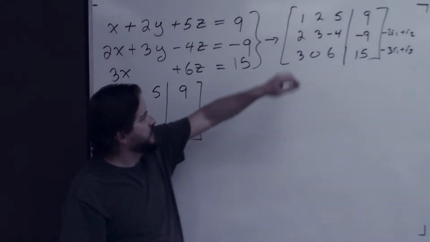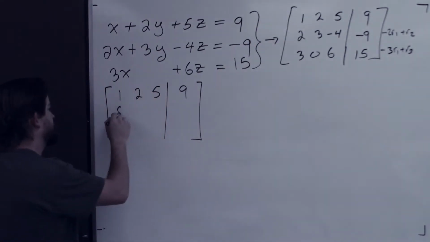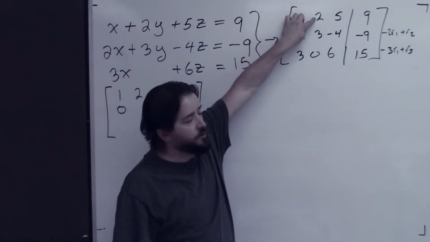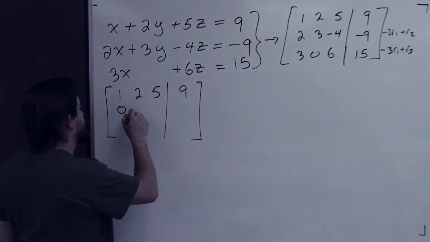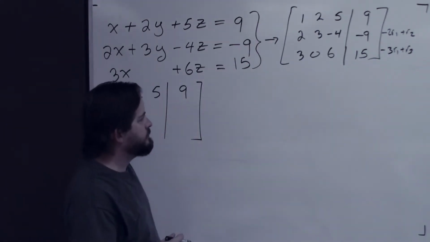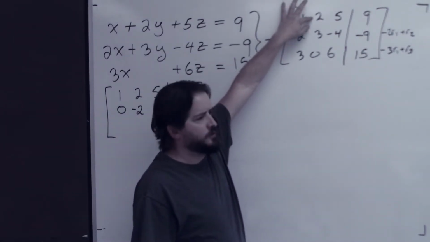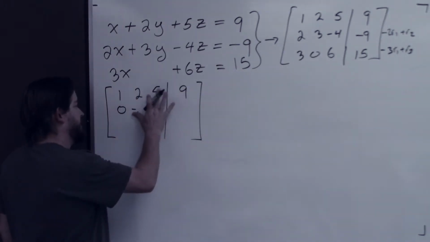Row 2 becomes -2 times 1 is -2 plus 2 is 0. -2 times 2 is -4 plus 3 is -1.